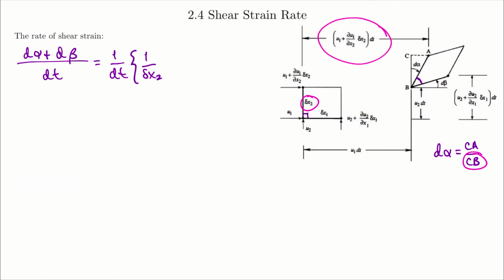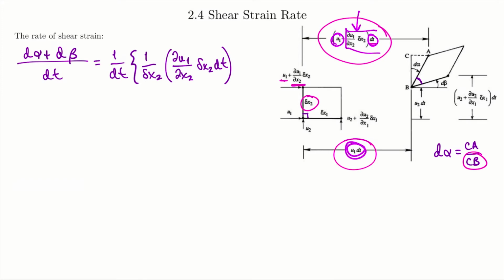So it's how that velocity u1, right, has changed over that x2 direction multiplied by our time, and that C coordinate is right here. So our A coordinate minus our C coordinate, we end up with just this term. So to make sure that's clear, it's because the u1 dt's, right, from C to A would cancel, so we're left with just like that component there, which is right here.